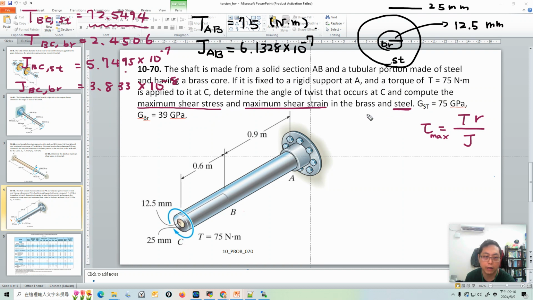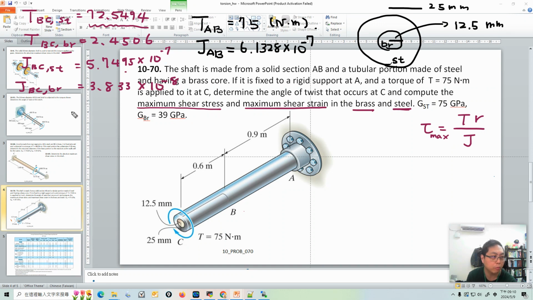Then you compare them and determine the maximum shear stress for steel. For brass, it's much simpler. The brass is at the core, so you just determine the maximum shear stress at the brass surface. In the previous section we already calculated the torque for the brass, so we know that value, and we also know the polar moment of area for the brass.